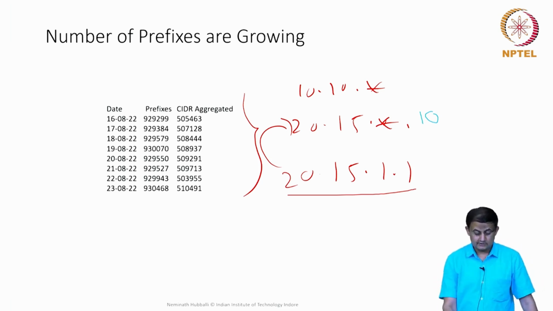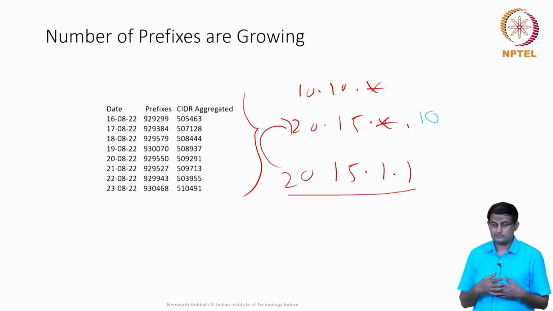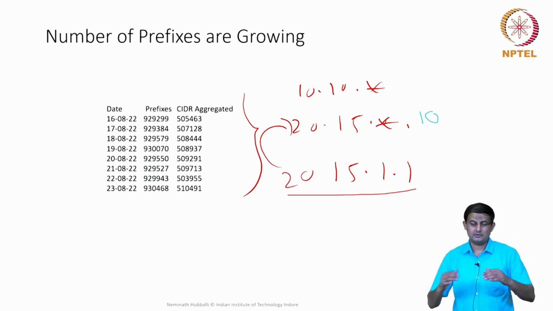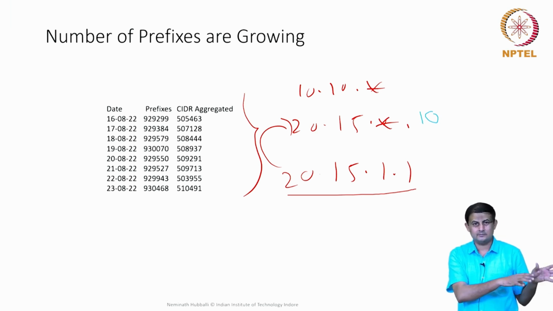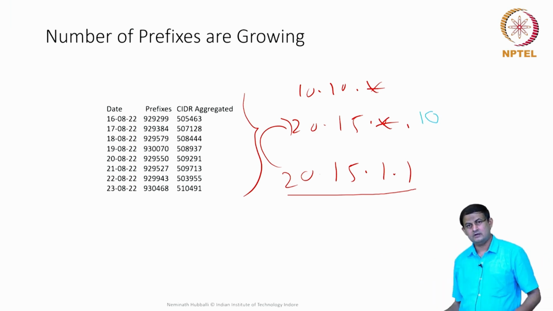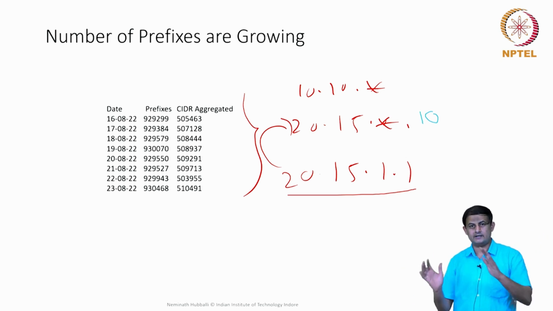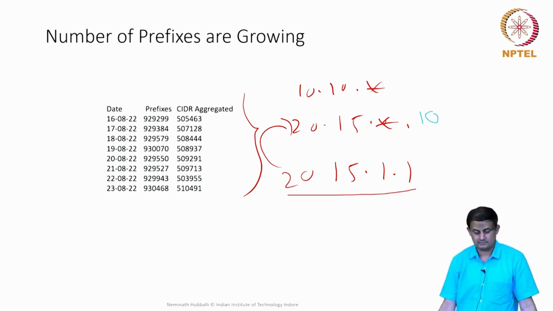So this is called the prefix structure, and the routers typically keep such prefixes, not the complete IP address. You might have one or a set of complete IP addresses, but a few others are in this prefix format. By aggregating some of these IP addresses, such prefixes are generated.